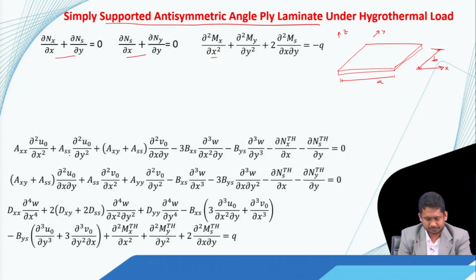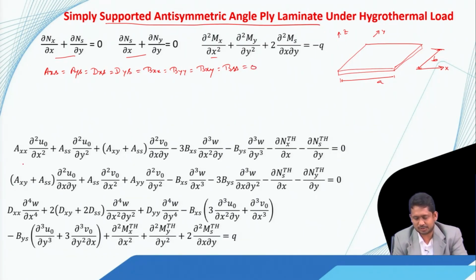Because it is antisymmetric angle ply, we have Axs = Ays = Dxs = Dys = Bxx = Byy = Bxy = Bss = 0. So in the B matrix the non-zero terms are Bxs and Bys, and if we put these approximations we get these 3 governing differential equations.